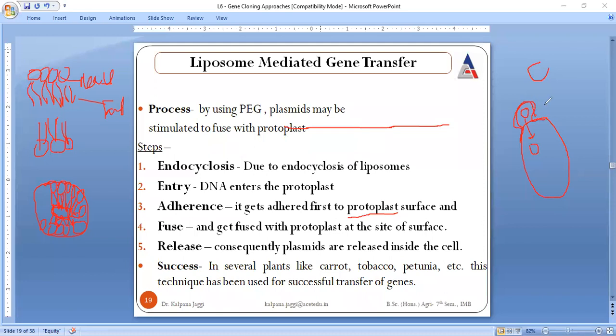It attaches itself, then fuses together, and then releases, right? Through this liposome mediated gene transfer, success has been achieved in plants like carrot, tobacco, petunia, etc.